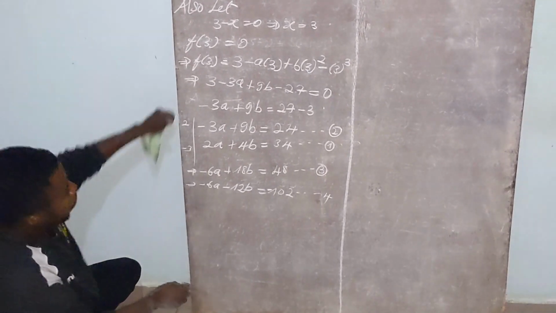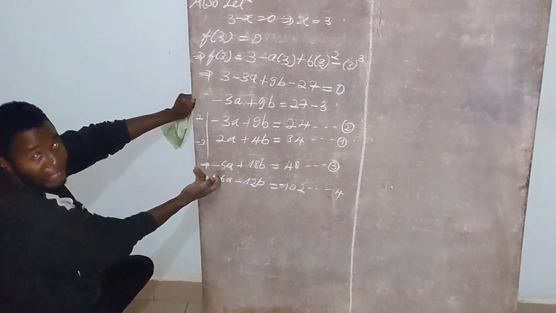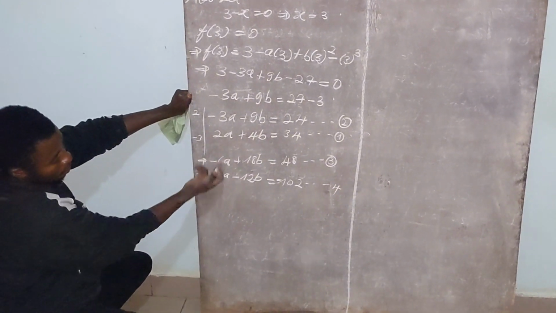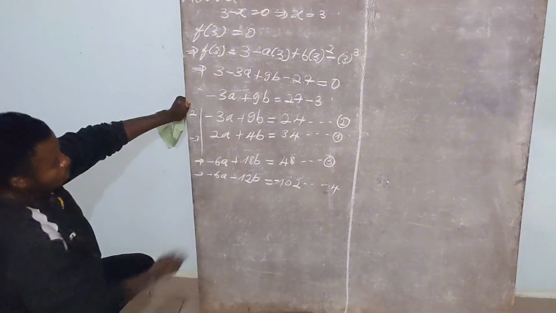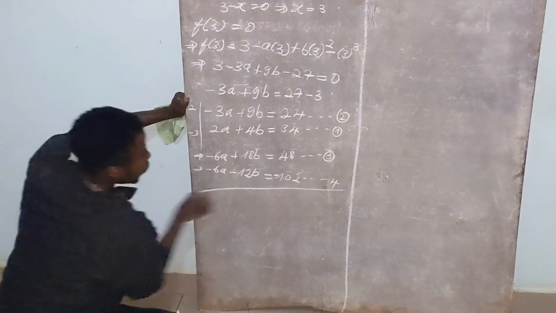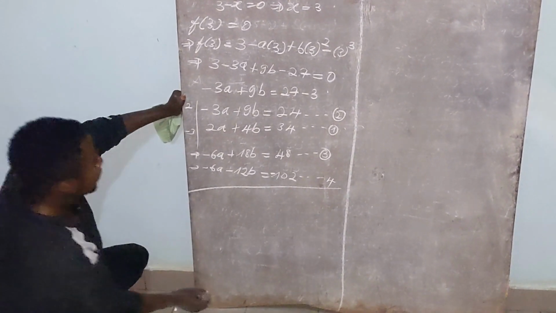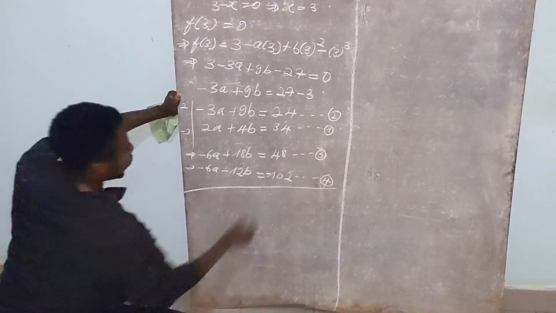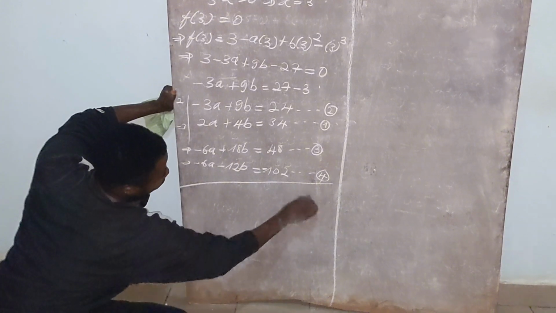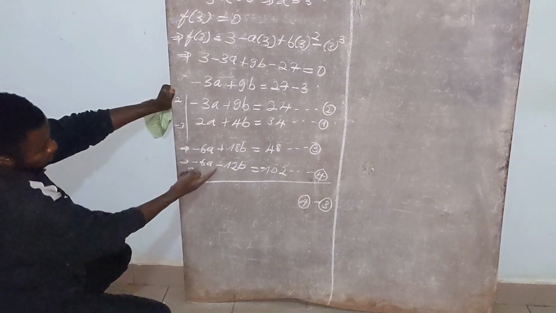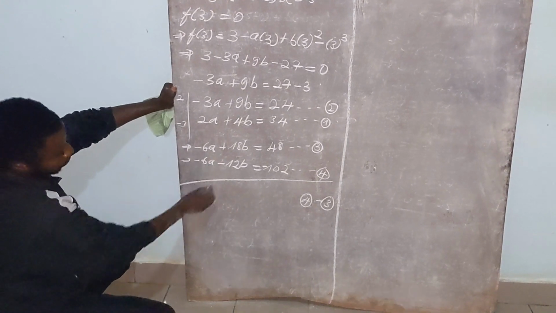Alright. So we can now see that we can easily eliminate this first term because the coefficients of a are the same. So I'm going to use equation 4 minus equation 3. If we take equation 4 minus equation 3, what are we going to have? Look at this. This value here minus this one will give you 0.